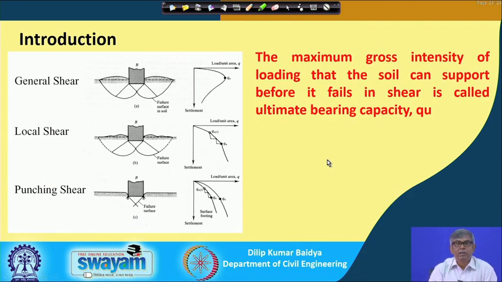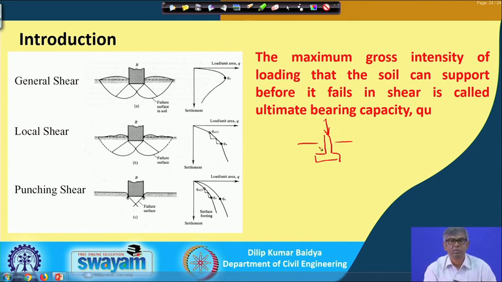And now, when you apply a load through a footing on the soil, and you observe load versus settlement, you will get a plot like this. Not always; there are different types of plots available.